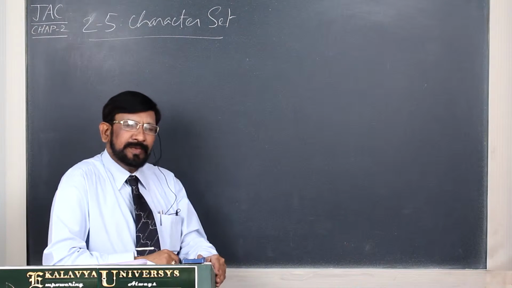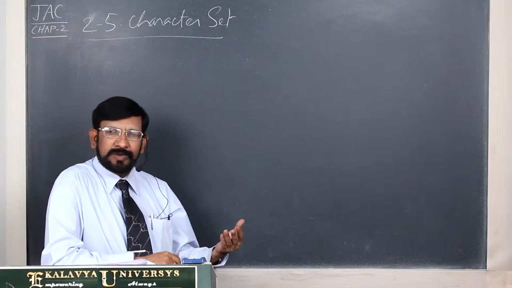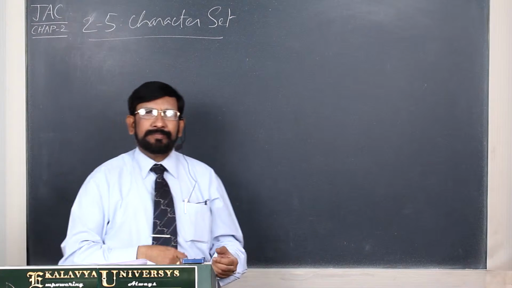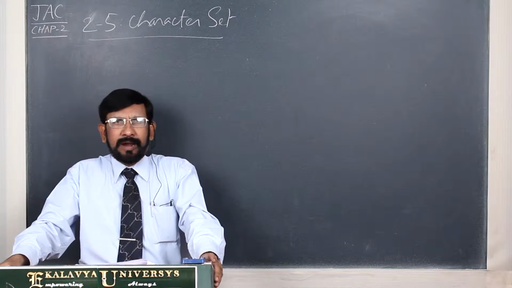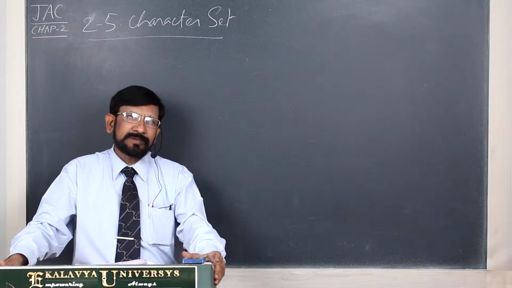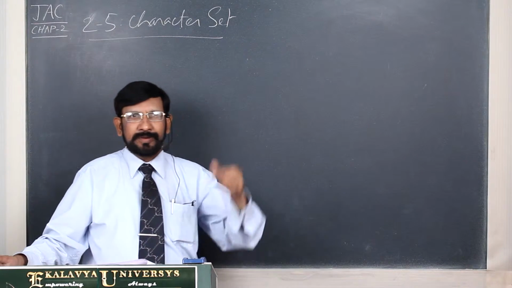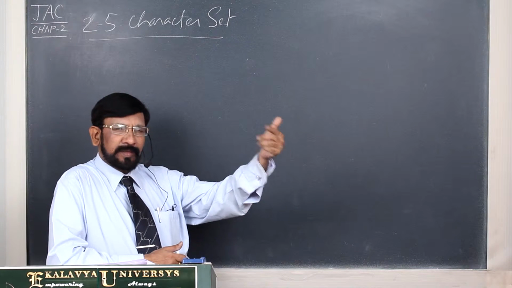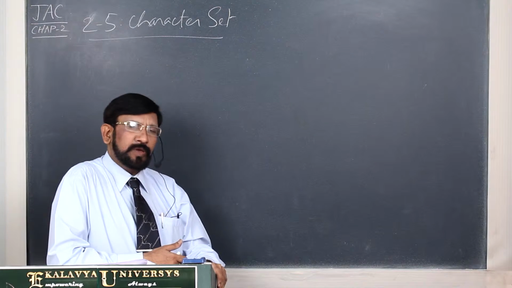Understand? In the same manner, in a computer language also, character is the basic element, and by composing characters, tokens are formed. In human language, it is called as word. Here, we call as token.